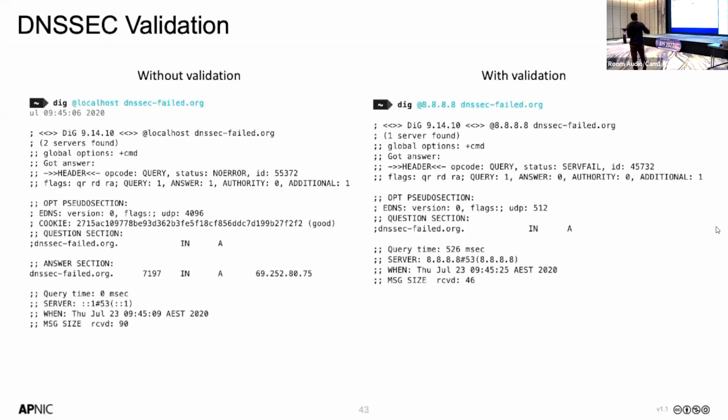Here is an example, a screenshot. On the left side, you see a certain domain, DNSSEC-failed.org. We are using the dig tool to see, without the validation, you can get an answer. So with the validation turned off, in this case, we can access that website. You see there is an answer section where we have an A record for that.